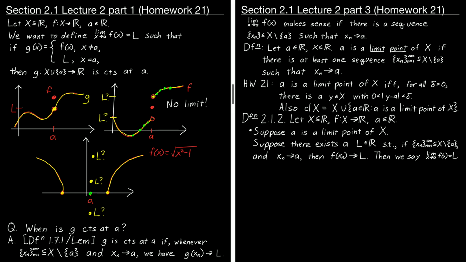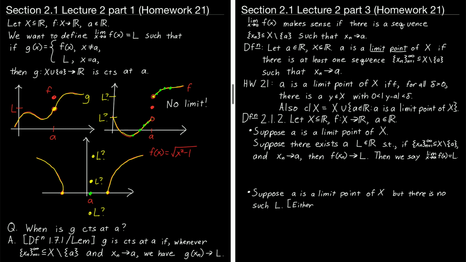All right. So next case, suppose A is a limit point of X, but there is no such L. And this can happen two ways.